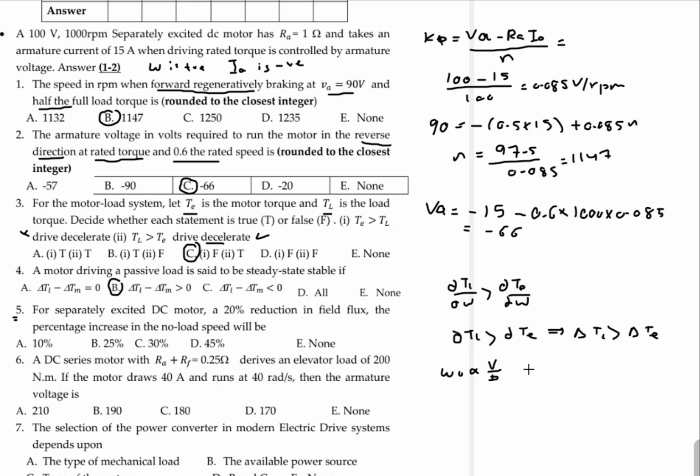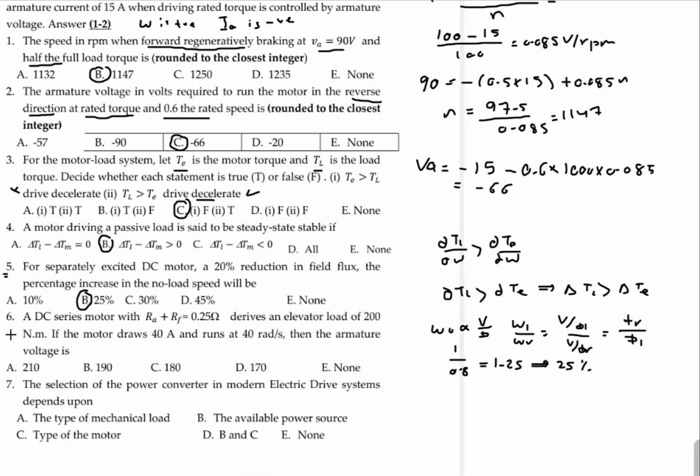So omega 1 over omega rated will equal, the voltages are the same because we are in the field weakening, phi rated over phi1. Now phi rated is 1, phi1 is 0.8 per unit, so this will equal 1.25, so the increase is 25%. So the answer would be B.